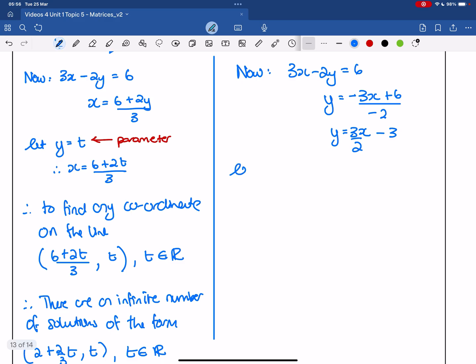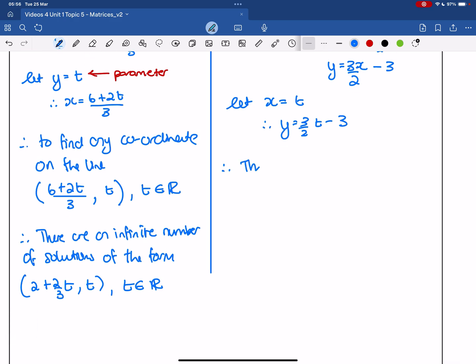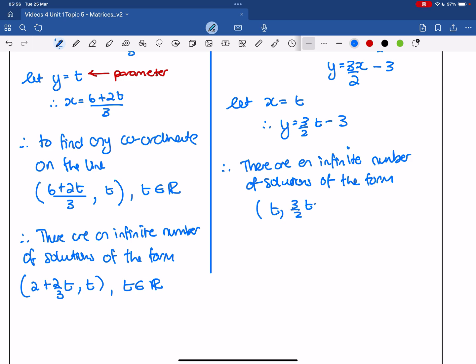So now I'm going to let x equal t, it doesn't matter which one you call it. So therefore y will be 3 on 2 t minus 3, and therefore there are an infinite number of solutions of the form t and 3 on 2 t minus 3 for my coordinates, and t is a real number.